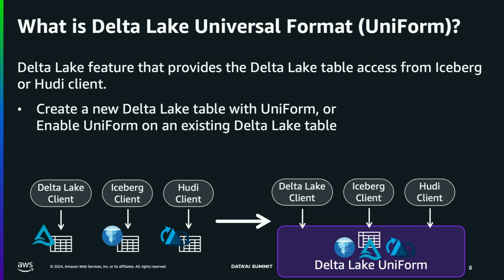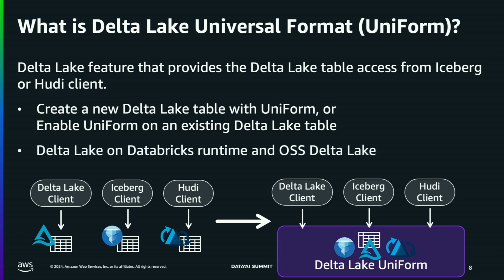Or if you already have a Delta Lake table, you can just enable UniForm on your existing Delta Lake table. Both Delta Lake on Databricks runtime and open source Delta Lake support this feature. So UniForm can be widely used in your various environments, like Databricks runtime, AWS, or other cloud environments.